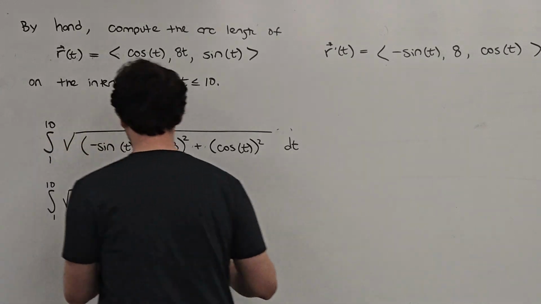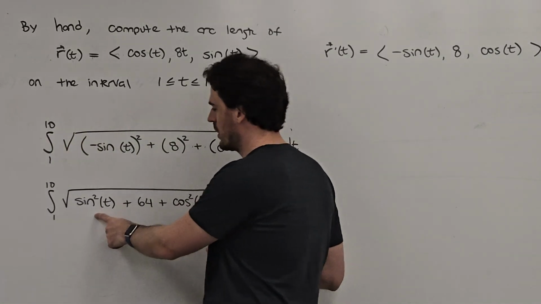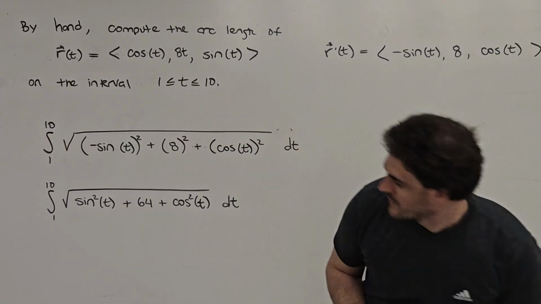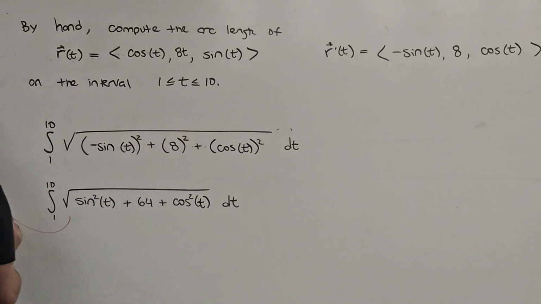Sine squared t plus cosine squared t is equal to 1. Nice. And honestly, once you've seen that, you won't unsee it. Any problem where they try to ask you to do it by hand, it's just a clever way of getting you to put sine squared t plus cosine squared t, and it just reduces to 1.